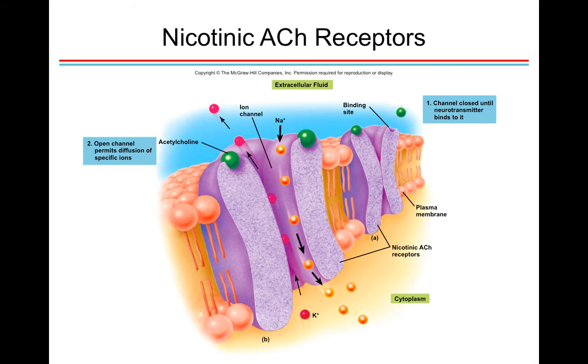The effect of sodium on the membrane potential is greater than the effect of potassium, and therefore there's going to be a depolarization event in the cell in this area right under the nicotinic acetylcholine receptor.